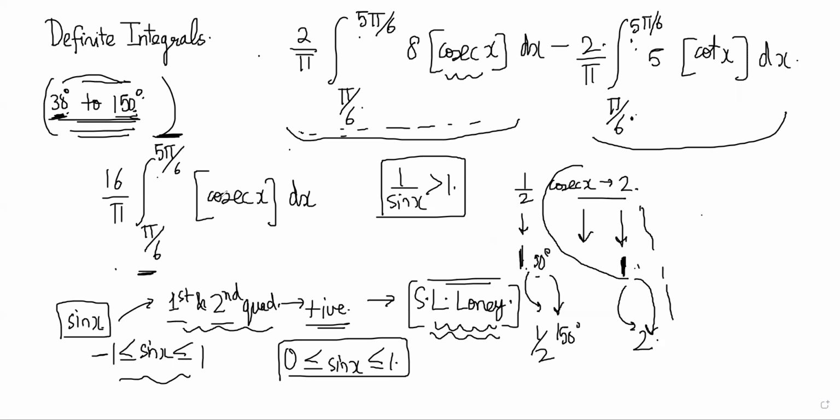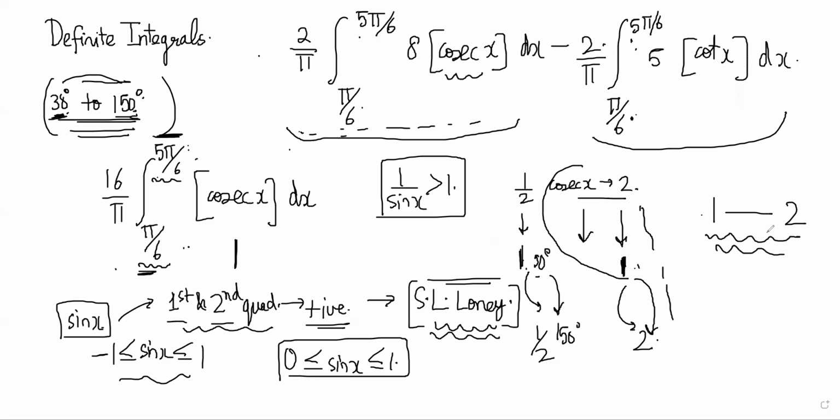Do you understand that cosec x is always greater than 1 and less than 2 in this portion? So GIF will be 1. Cosec x values are between 1 and 2; that is what we have understood. If the angle is between 30 degrees and 150 degrees, cosec x values are between 1 and 2, right?